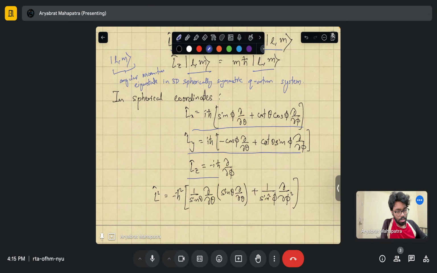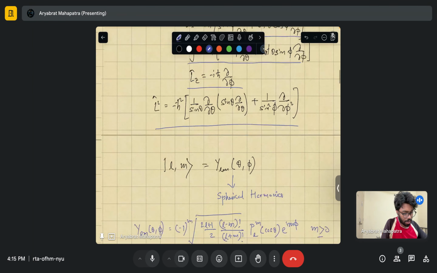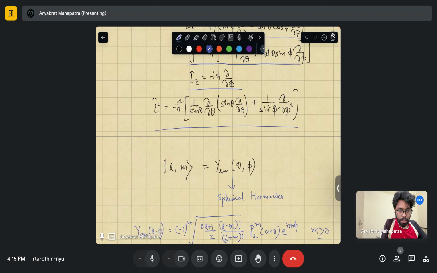We have to do this coordinate transformation, then we'll get all the forms of the angular momentum operators. In this spherical coordinate basis, you will have the |l m> eigenstates as eigenfunctions in the variables theta and phi. Theta and phi are your angular variables.